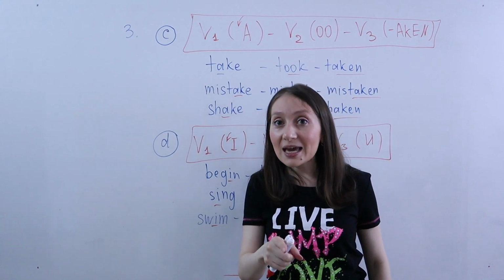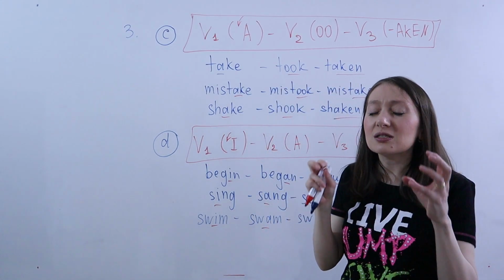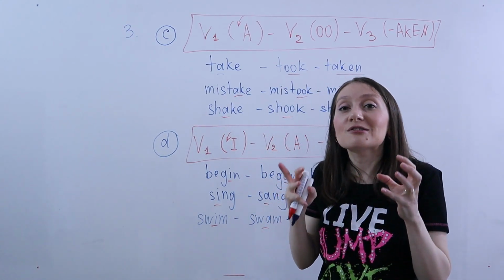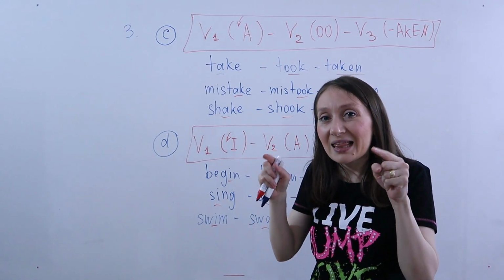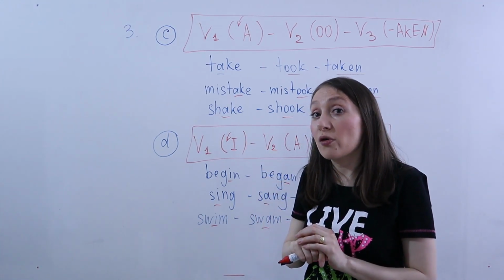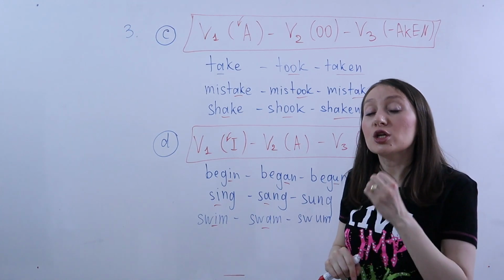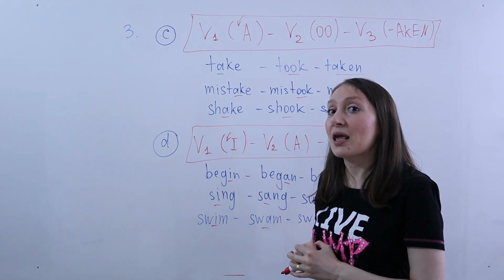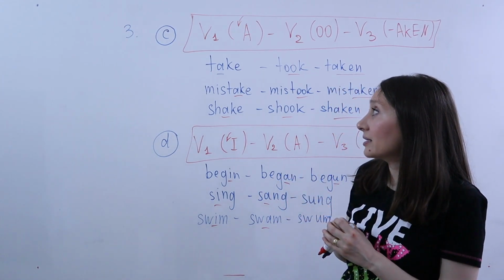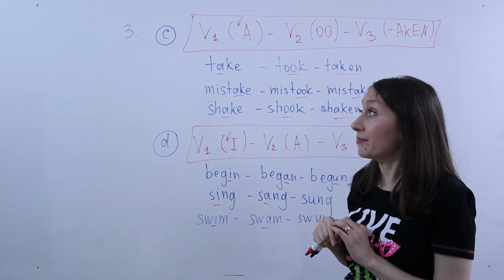Even if you forget the correct form, you just feel the verb. You start to feel that this is the right form of the irregular verb. So that's why try to pronounce them. That's the main advice that I have.